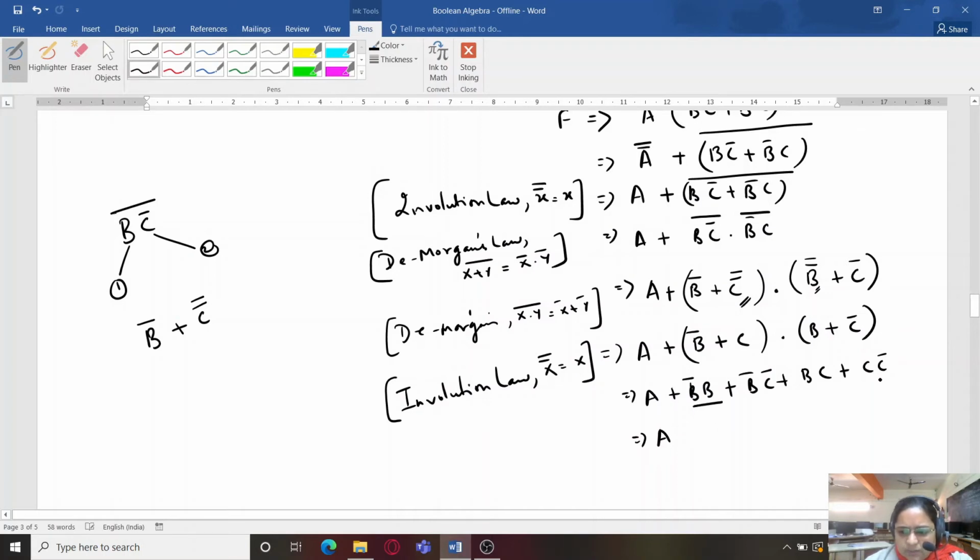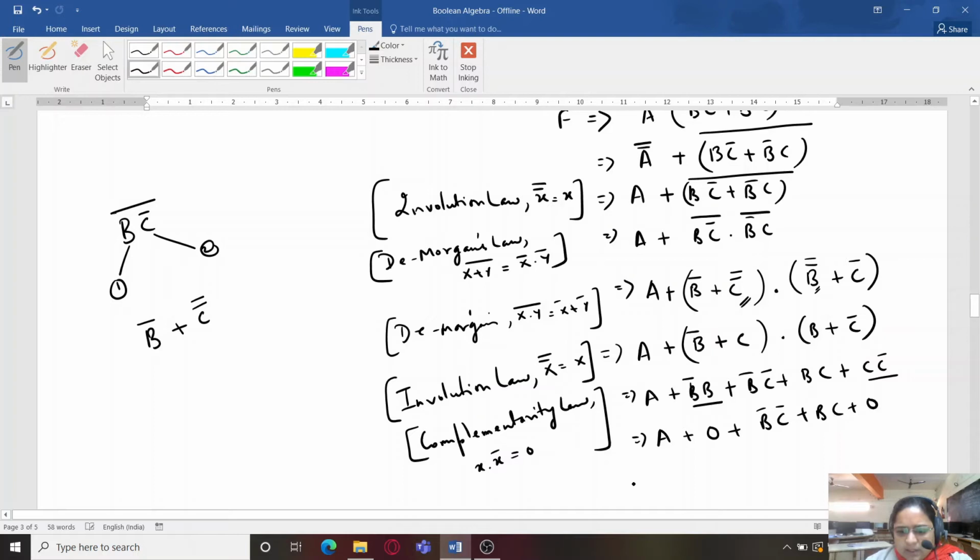Here these two can be reduced to 0 by using complementarity law, that is x dot x dash is equal to 0. So I can write 0 over here.